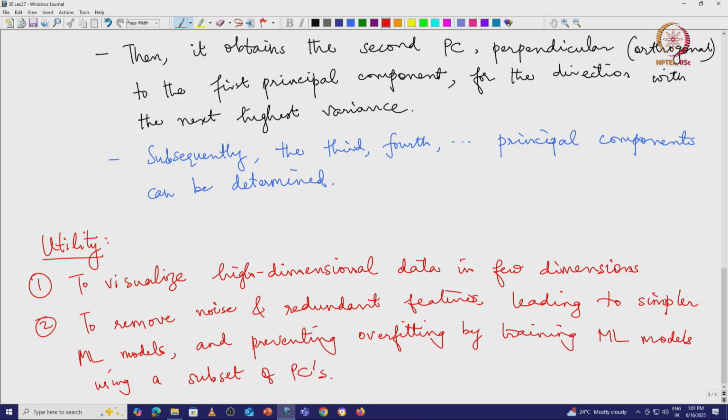So, instead of training the ML model using all the features, you use a subset of the principal components and thereby you have reduced the model complexity, you get simpler ML models and you prevent overfitting, right. So, that is a very good advantage, in addition to the first advantage, which was that it allows you to visualize high dimensional data in fewer dimensions, right. So, I hope you understand why principal component analysis is so beneficial in machine learning when you are working with such high dimensional data.